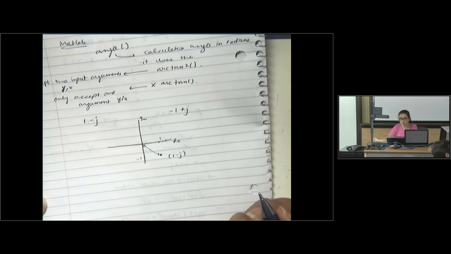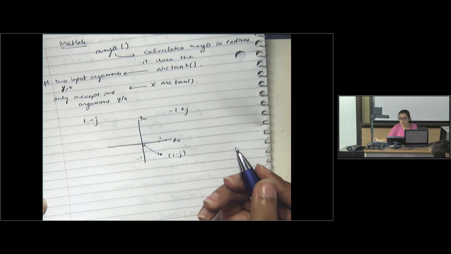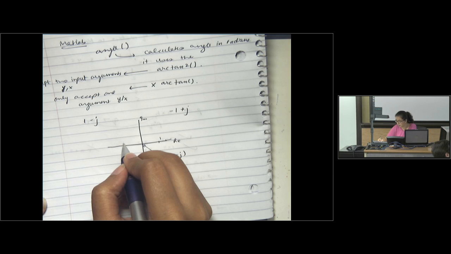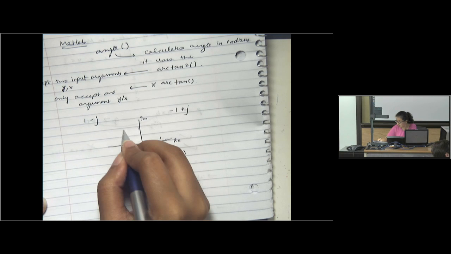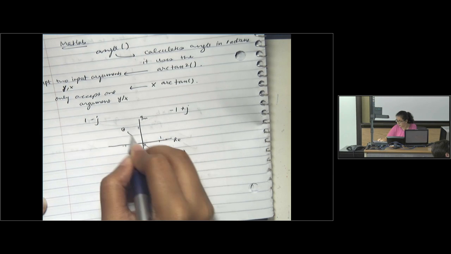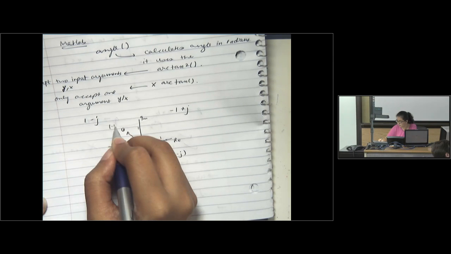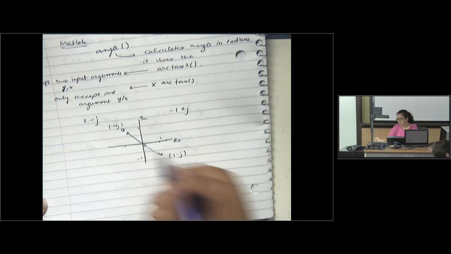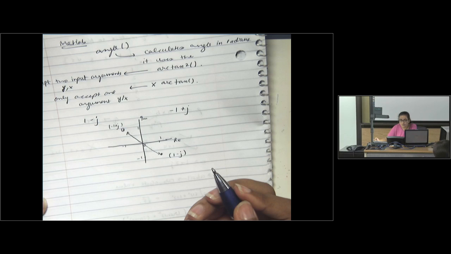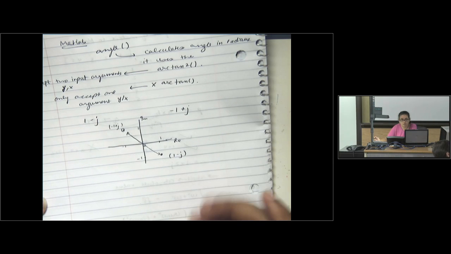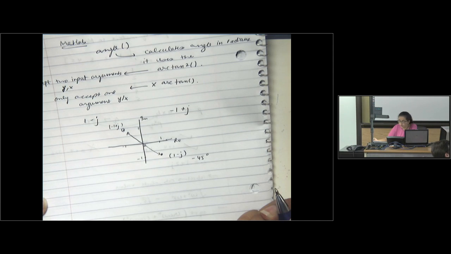Where will minus 1 plus j be? Right, minus 1 and j, and this is where it will be. Now, what are their angles? For 1 minus j, minus 45 degrees. And for the other one, 135, right.